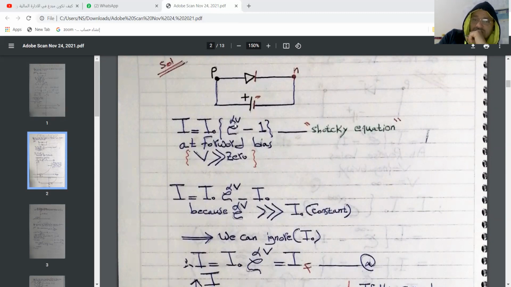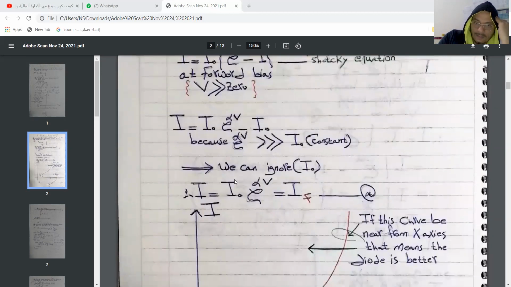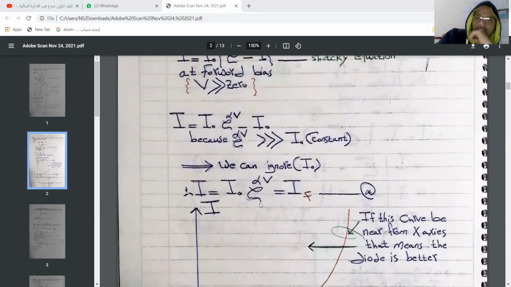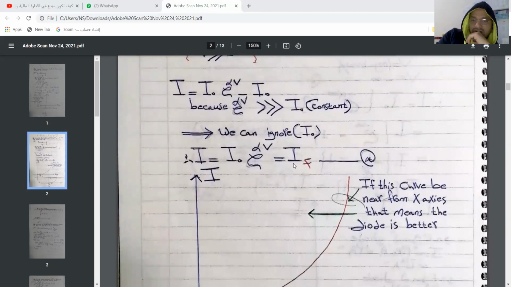If we compare it with the 1, we can ignore the 1 because, like I said before, the exponential equal very big amount, so I equal saturation current exponential alpha V. Like I said before here, forward bias current.